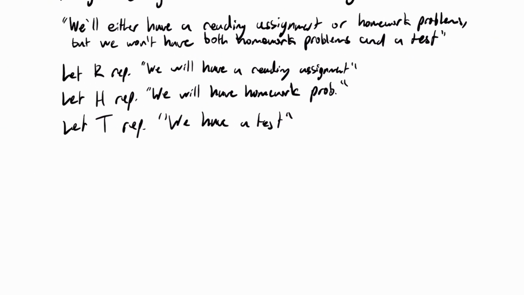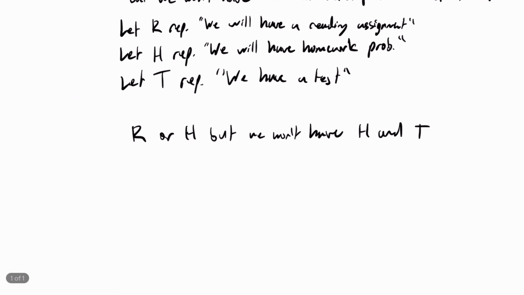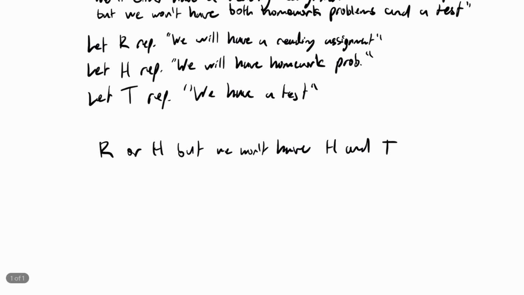First, let's just write our sentence by plugging these guys in. So we have R or homework, but we won't have homework and T. And this means we won't both have.